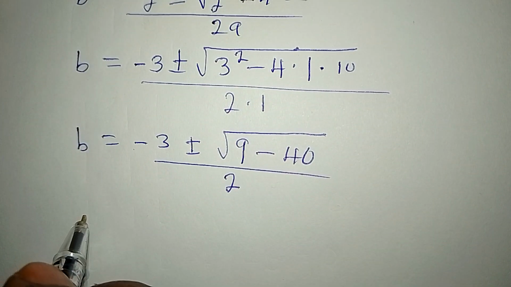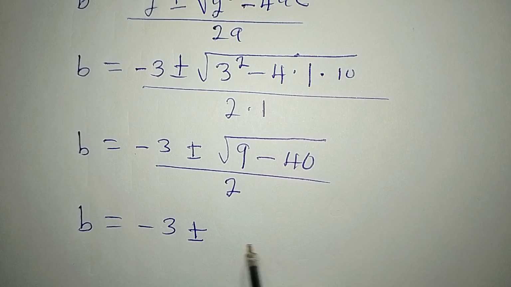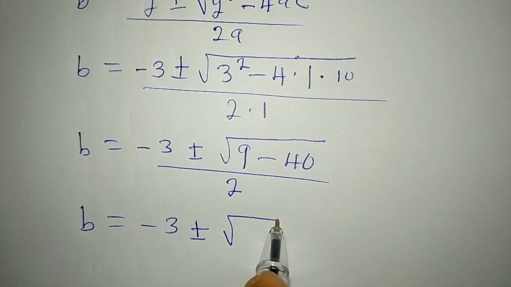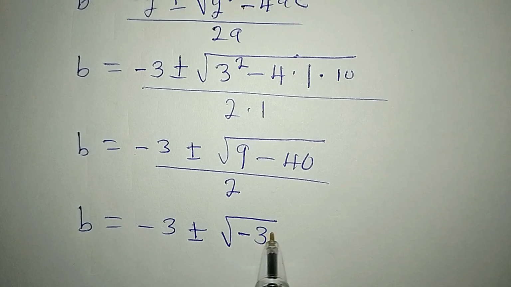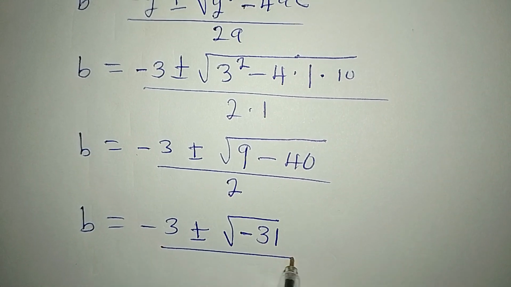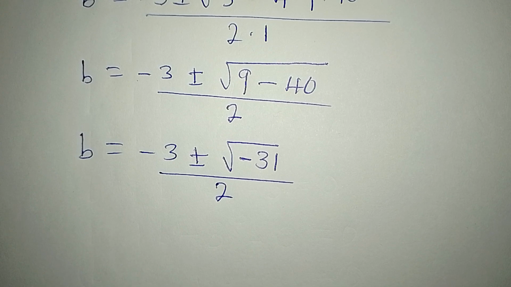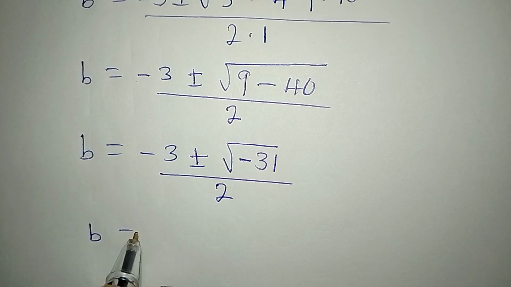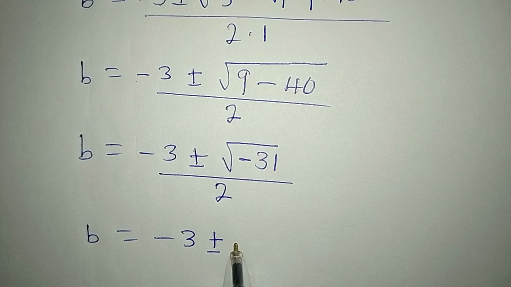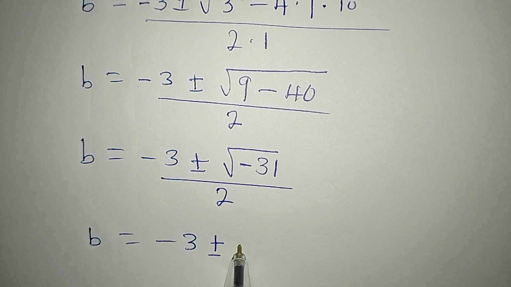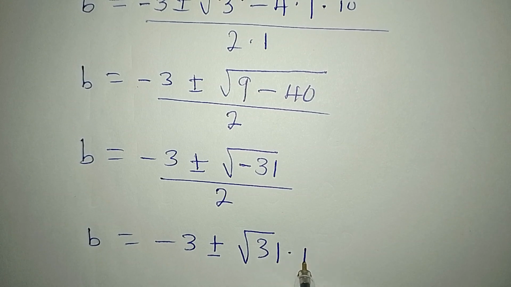To continue, b will be equal to minus 3 plus or minus square root of 9 minus 40 will give us negative 31. And this is over 2. Now, what does this mean? This means that we're having b to be equal to minus 3 plus or minus square root of 31, then multiply by i.